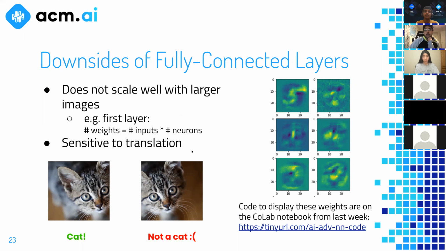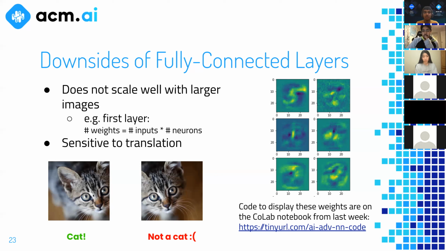Yeah, so that's that. The second example is that it's sensitive to translation. We have here a really funny example of the same cat being shown, but shifted from the right corner to the left corner. Some fully connected neural networks will classify one of these as a cat, but not the other, because different weights are applied to pixels on one side compared to the other.